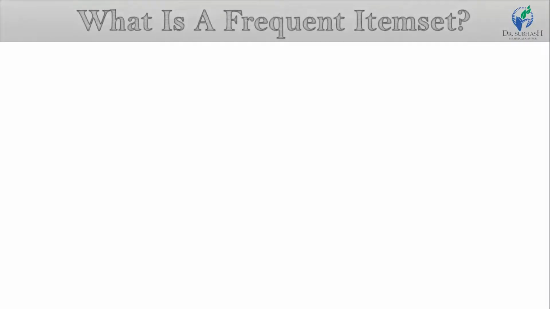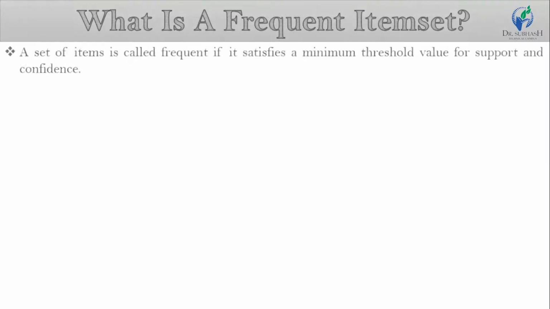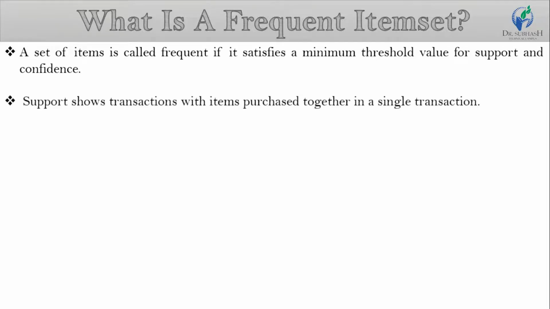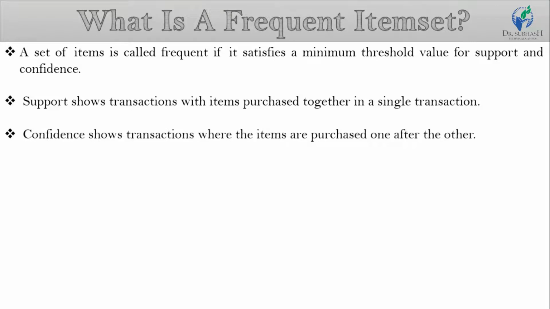Now, I explain what a frequent item set is. A set of items is called frequent if it satisfies a minimum threshold value for support and confidence. Support shows transactions with items purchased together in a single transaction. Confidence shows transactions where the items are purchased one after the other.